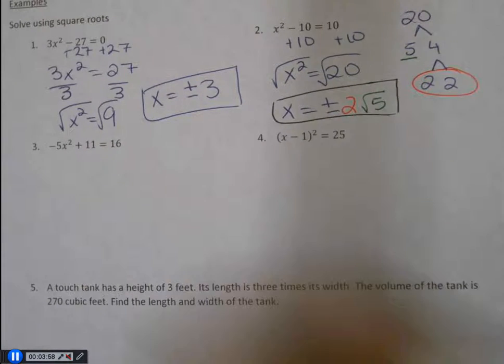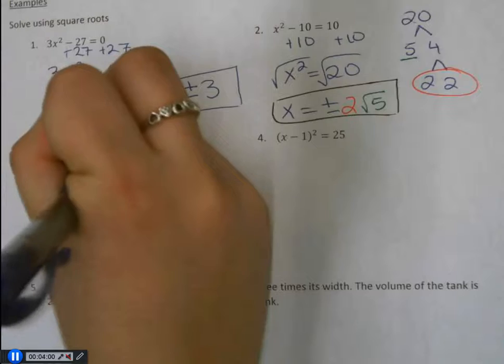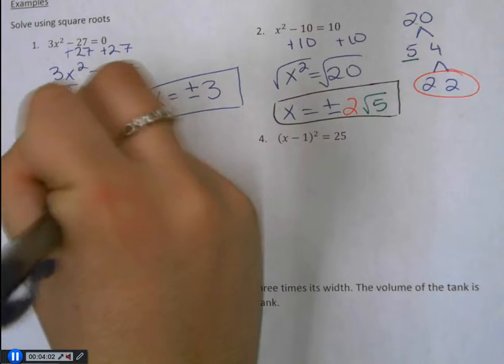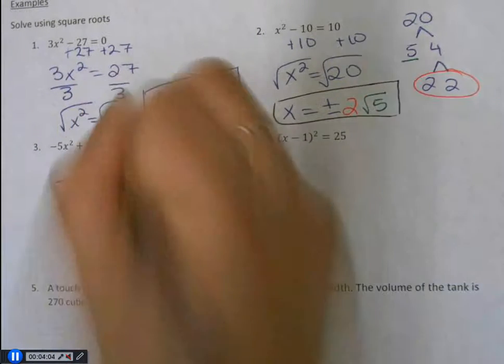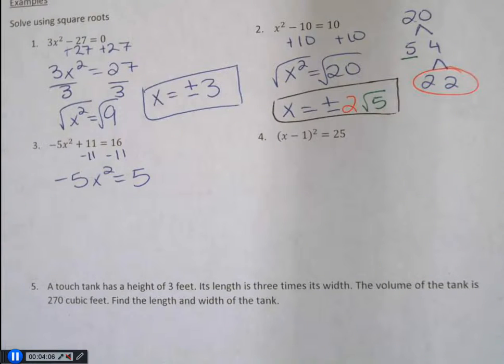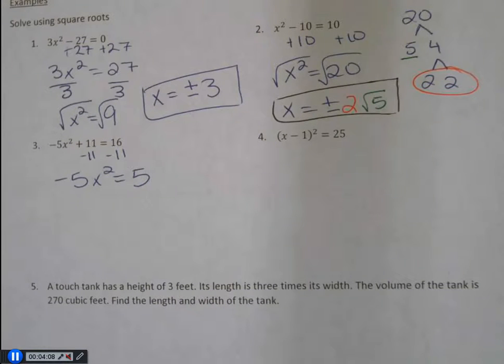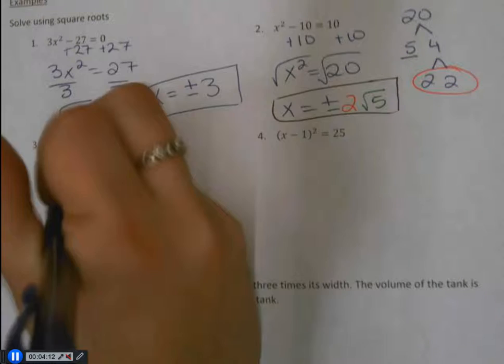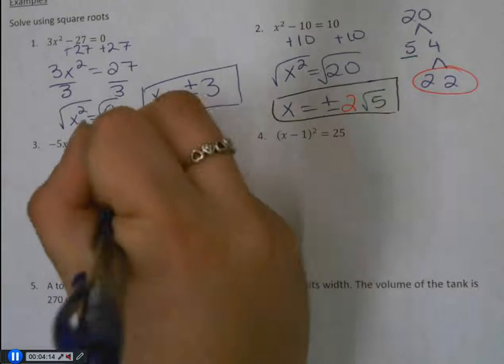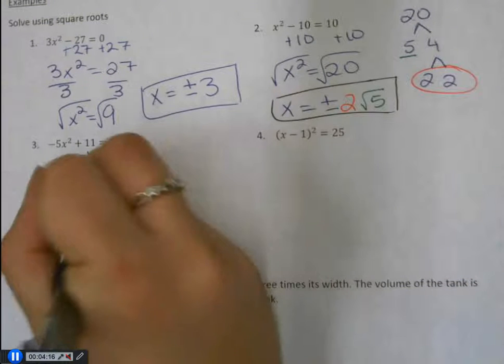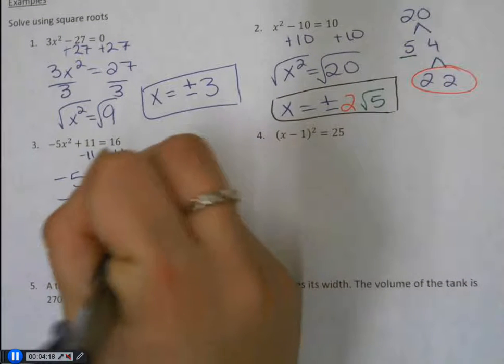Subtract 11 on both sides. Questions so far? And then what do I want to do? Divide by negative 5. So I get x squared equals negative 1.